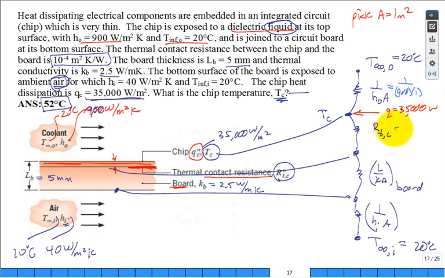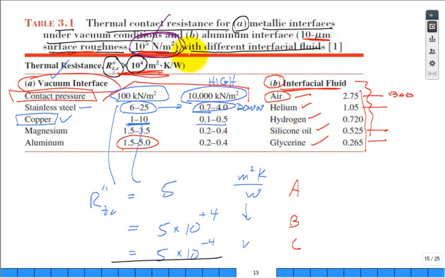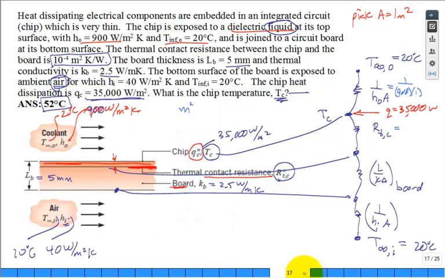Okay, my thermal contact. Let's look at our units on that, meter squared degrees C per watt, right? So this is what I want. It's my R double prime TC, and I divide by 1 meter squared.